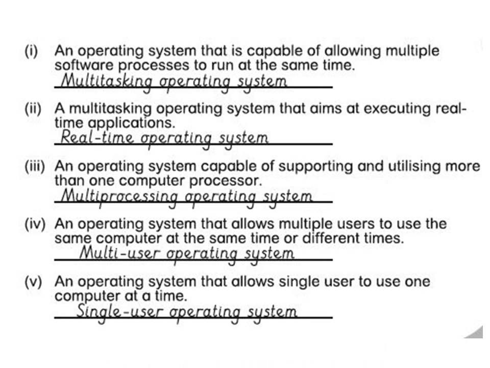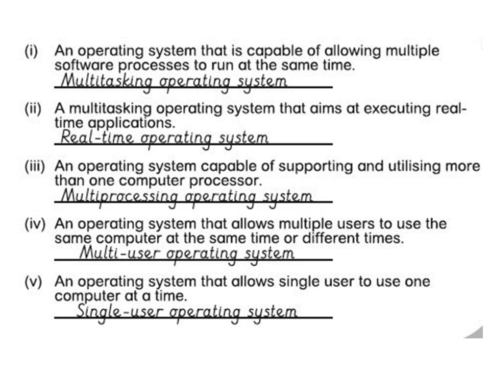An operating system that is capable of allowing multiple software processes to run at the same time is a multitasking operating system. A multitasking operating system that aims at executing real-time applications is a real-time operating system. An operating system capable of supporting and utilizing more than one computer processor is a multi-processing operating system.